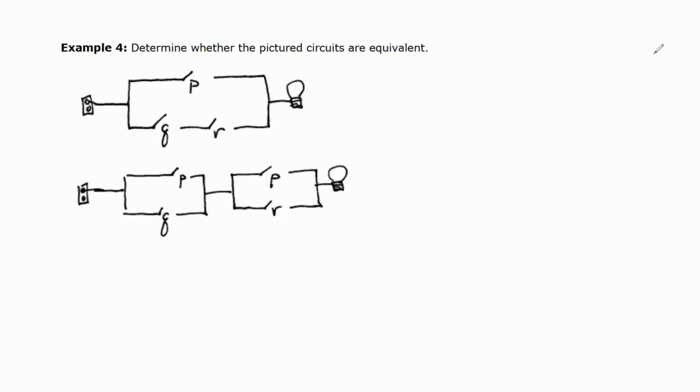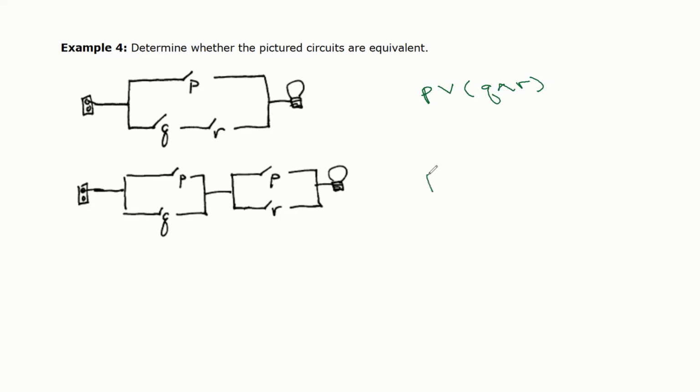In example 4, we're asked to determine whether the pictured circuits are equivalent. So our first circuit is an or statement. P is the first part of the or, and on the bottom we have a compound statement, Q and R. Our second statement is an or statement and another or statement.